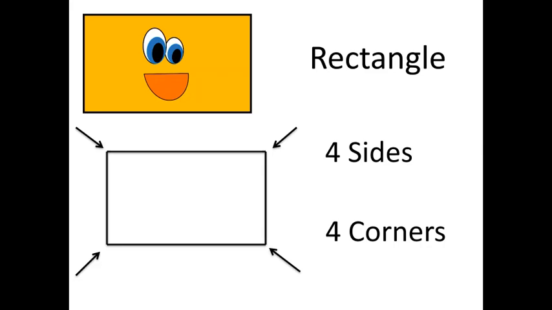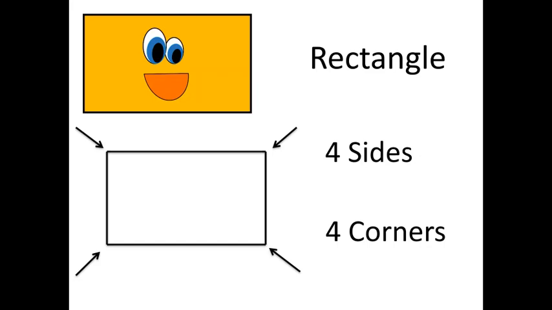Now, see the sides of the rectangle. In rectangle, opposite sides are equal. Opposite side means sides facing each other. So, rectangle is a plane shape, also called 2D shape.